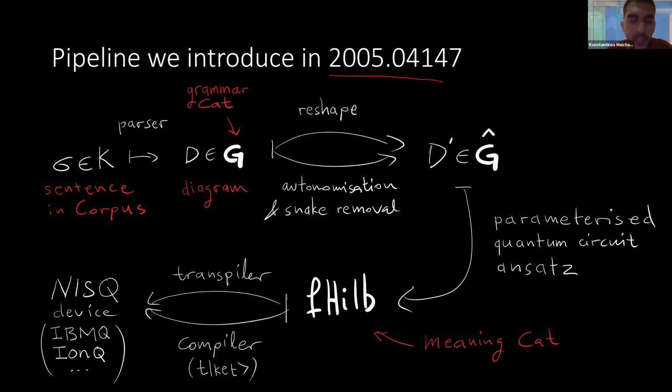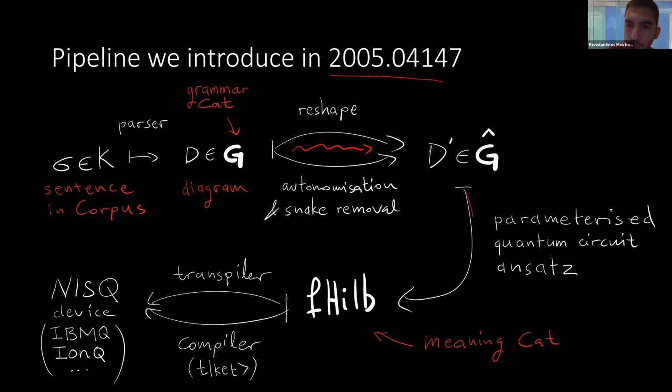So basically the pipeline is as follows. We start with a sentence in a corpus. A corpus is just a selection of a big set of sentences in our case. Then these sentences, we convert them to diagrams according to the grammatical model of pregroups that I will introduce later. To these diagrams, we do some manipulations here, and we get new diagrams out. This is kind of a detail here, but it's necessary, as we will see.